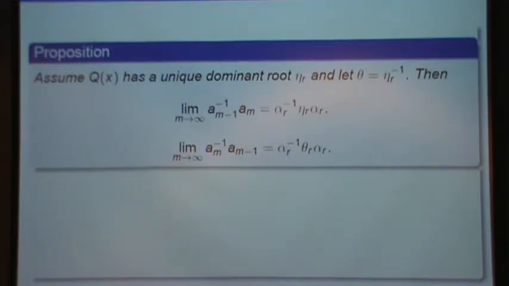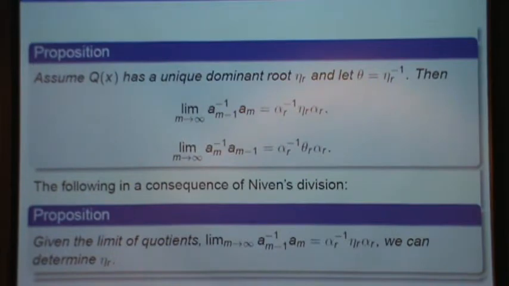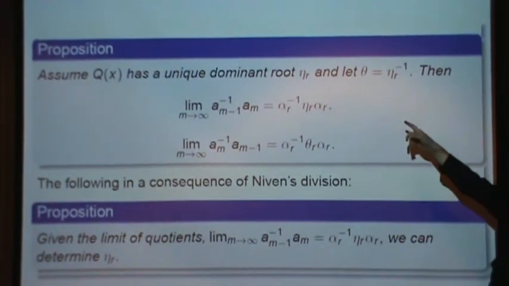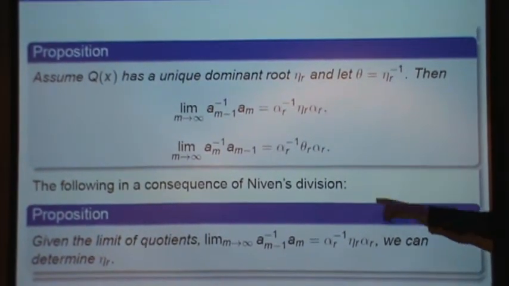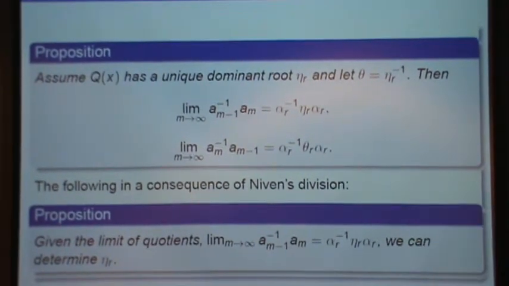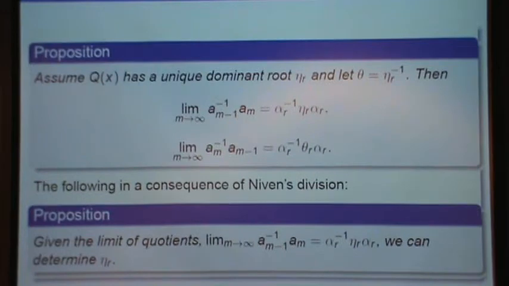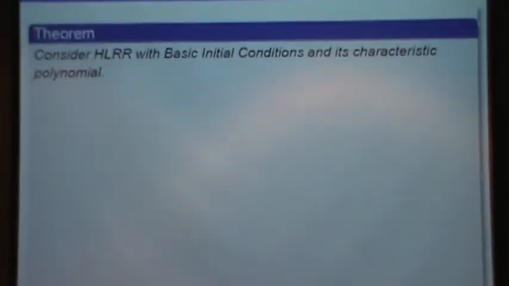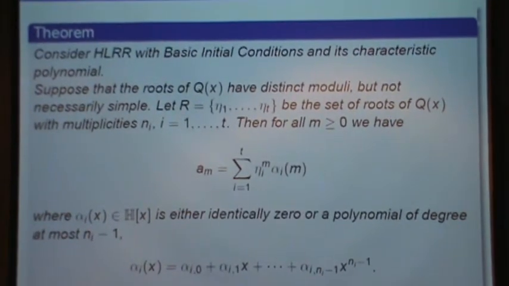And the nice thing is that once we know such a thing, which is a conjugate of the dominant root of Q, then we can use Niven's algorithm. Because Niven's algorithm, remember, says if you know the norm and trace of a root, then you can determine a root.